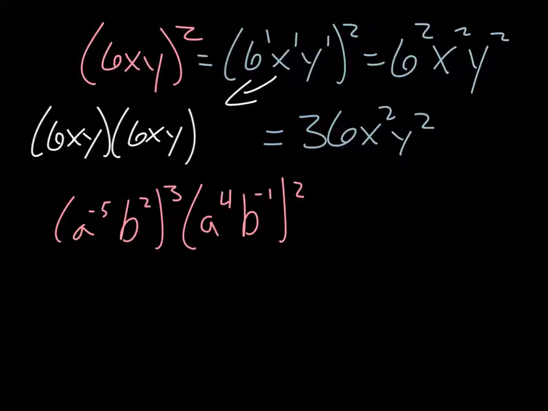You can't look at these things all at once and get all worried. You can only do certain things at once. Order of operations still counts, so we've got to deal with our exponents outside these parentheses first. So what do we do with this 3 compared to the things inside?